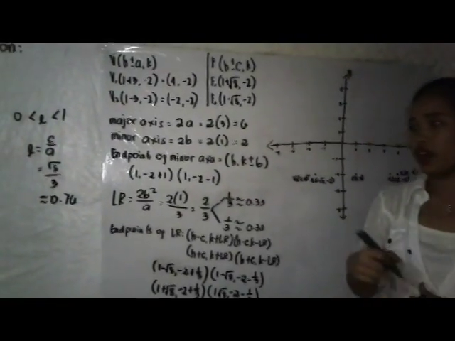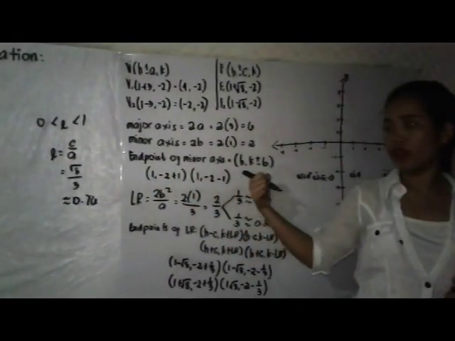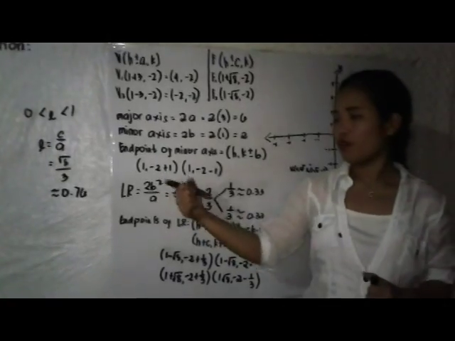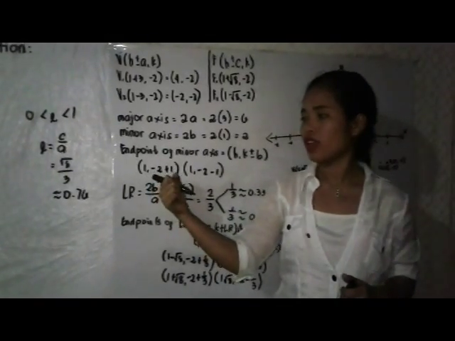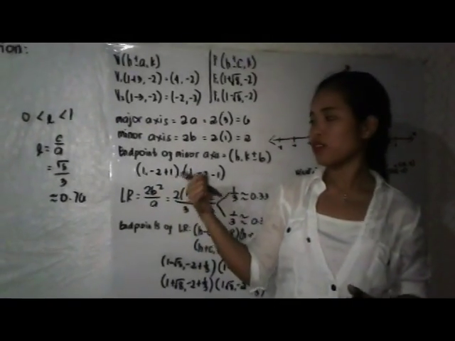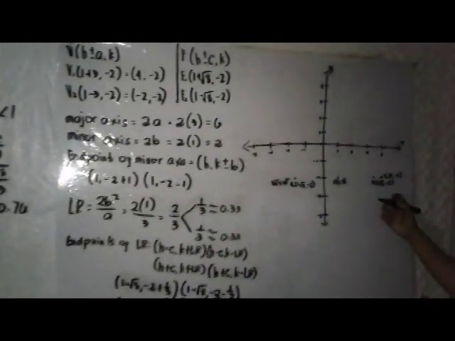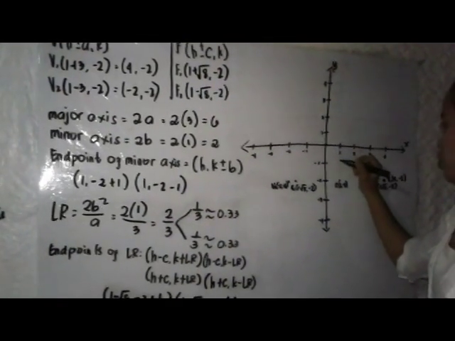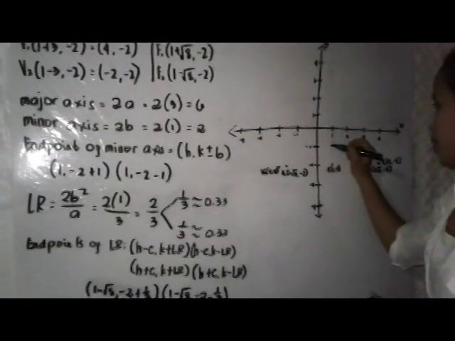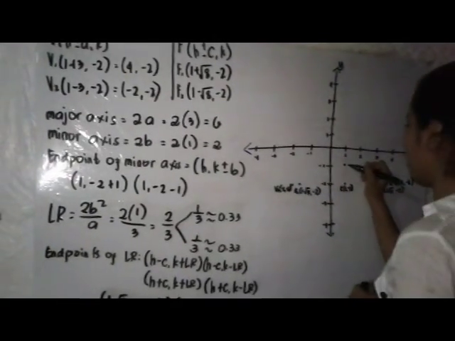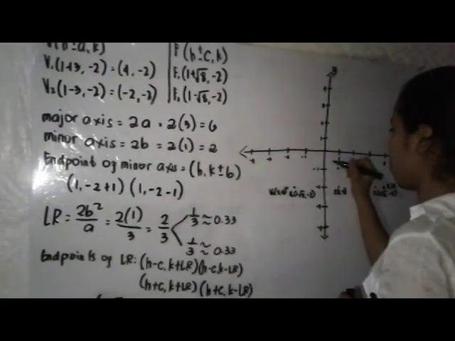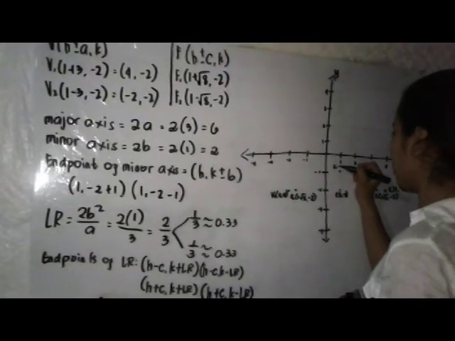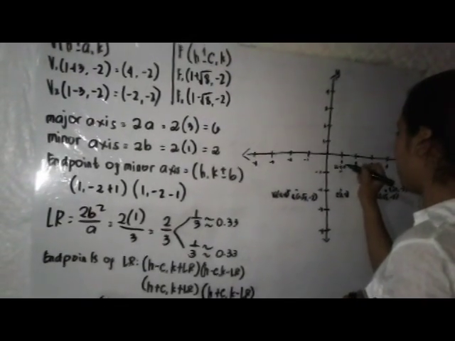Next is to locate the endpoint of our minor axis. So our first minor axis is 1 and negative 2 plus 1, which is, this is our first endpoint. So we have the 1 and negative 2, positive 1.